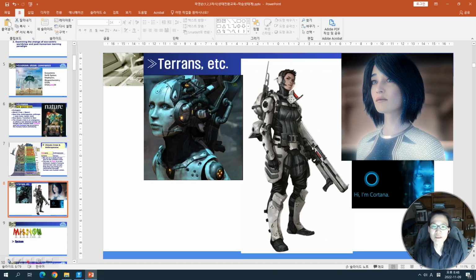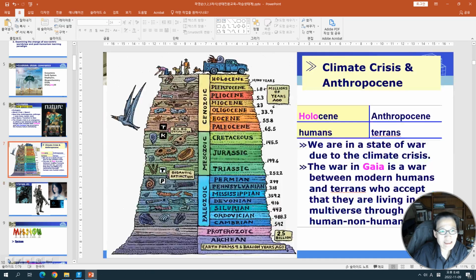It could be a combined form of human body and cyborg or something else. So they are calling these kinds of beings Terrans. So the first part is about what is Anthropocene, and they are saying after Holocene, we will have another time era, so-called Anthropocene, and there will be another dominant species.